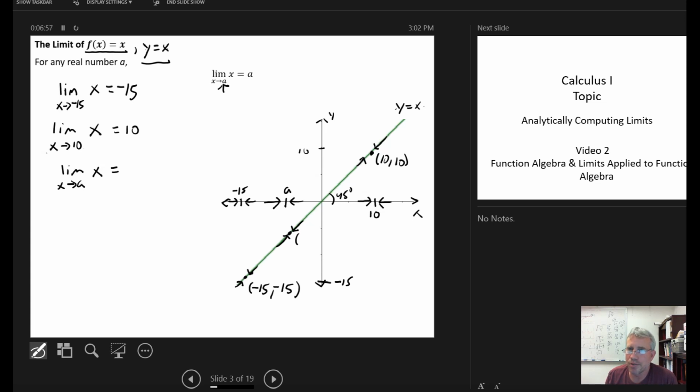Well, what ordered pair is it? When you input a, if we're on the line y equals x, if x is a, then y is also going to be a. And the limit as x goes to a of x, just replace x with the a, and that's the limit. So those are the first two tools that we're going to use to develop our solution techniques for this particular homework assignment.